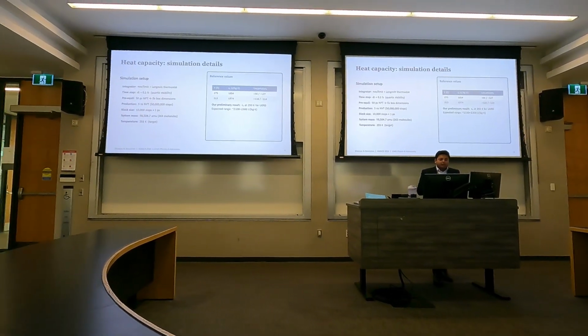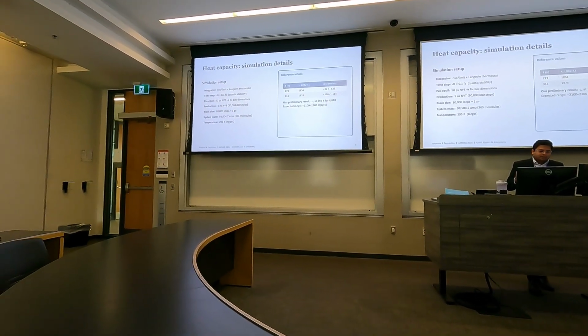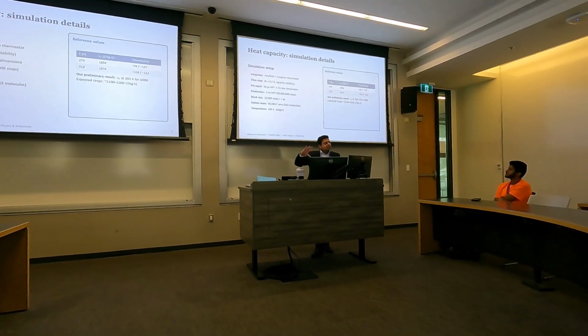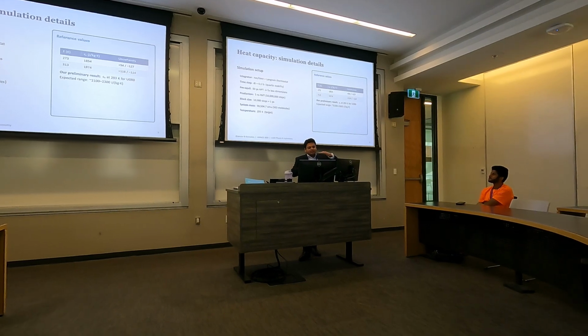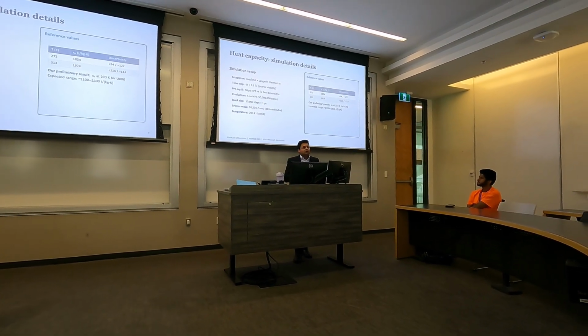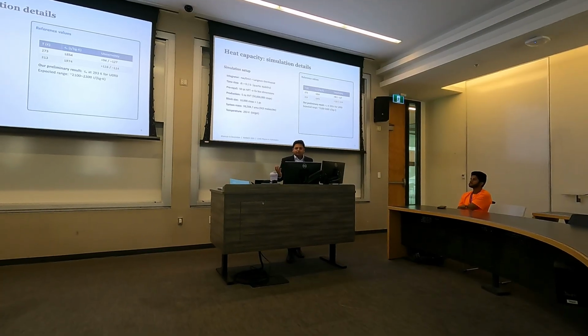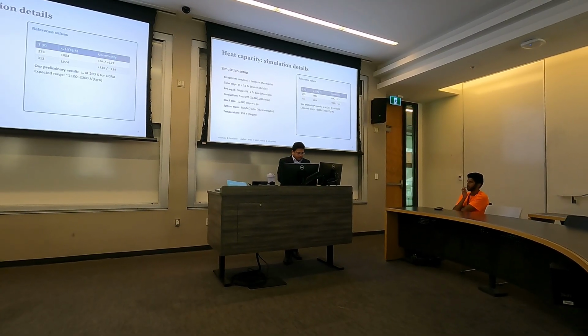Also, we pre-equilibrated the state for 50 picoseconds with an NPT so that the system is at a certain minimized state where the energy fluctuations will not be extremely high, which would disturb the equilibrium and give us a false value for the heat capacity in this case.